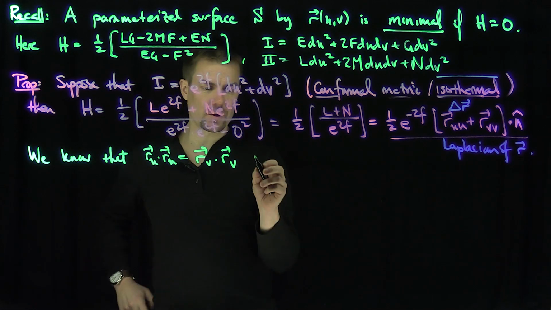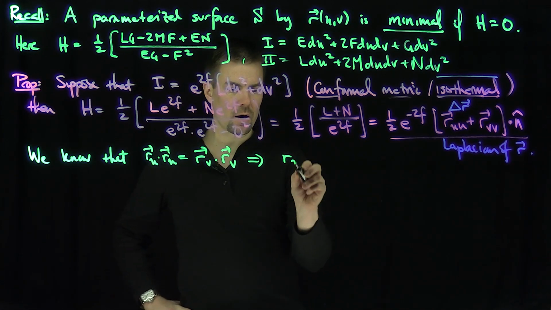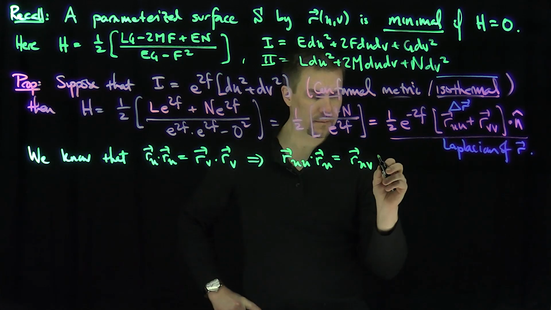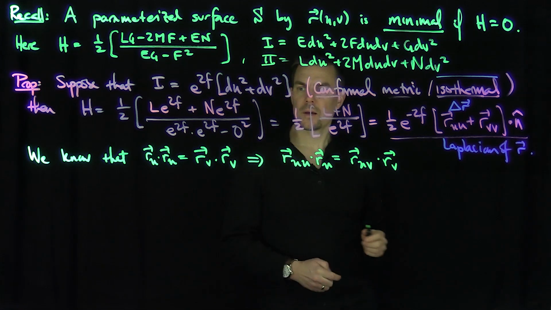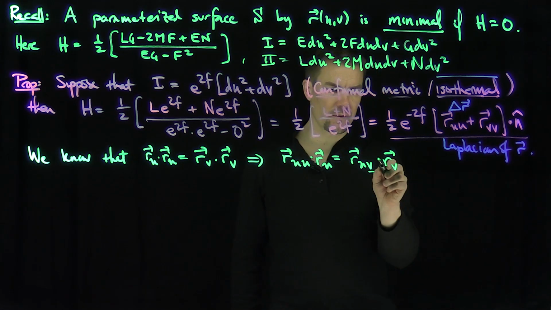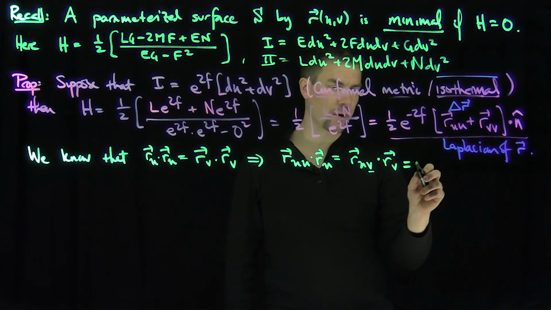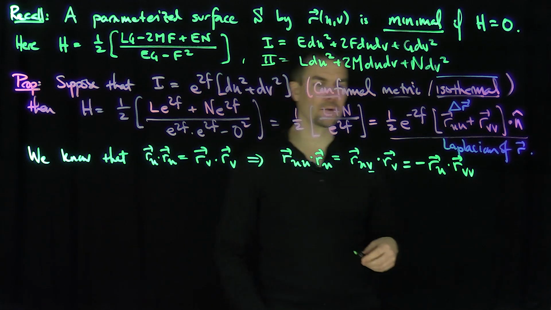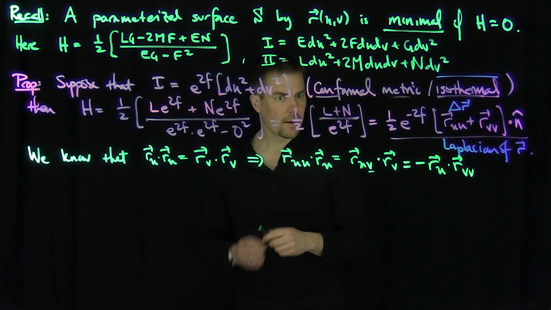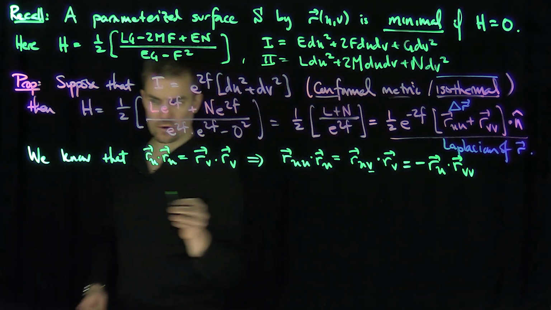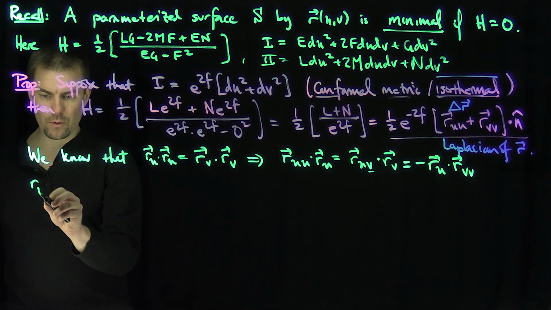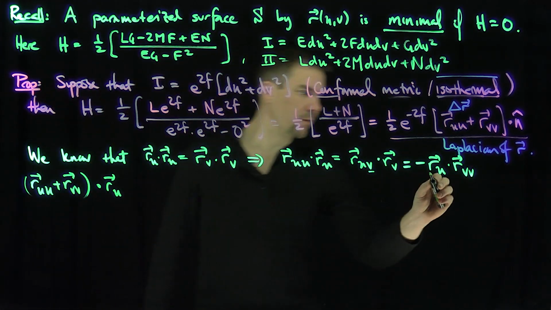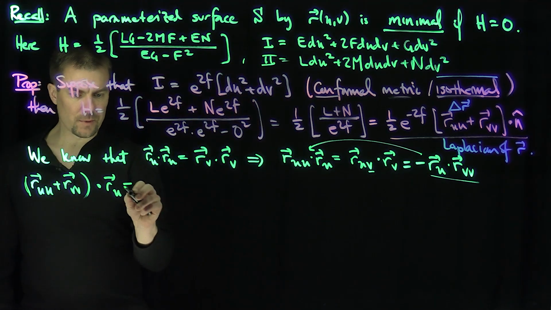If I differentiate this with respect to U, I conclude that R_UU dot R_U is equal to R_UV dot R_V. Then I can pass the v derivative over, since the derivative is anti-symmetric under the dot product, so this is negative R_U dot R_VV. Throwing R_VV to the other side, R_UU plus R_VV dotted with R_U is equal to 0.